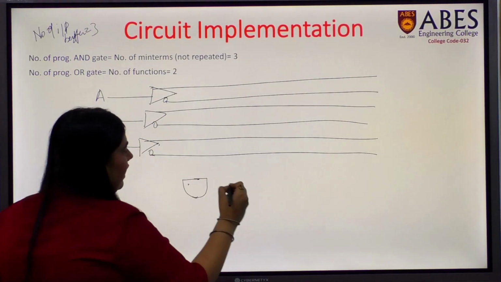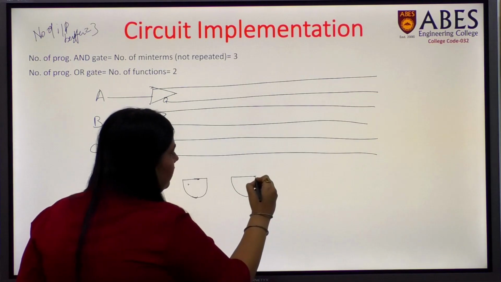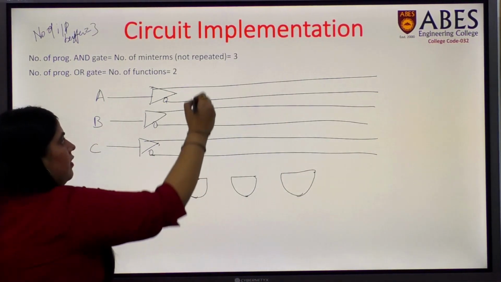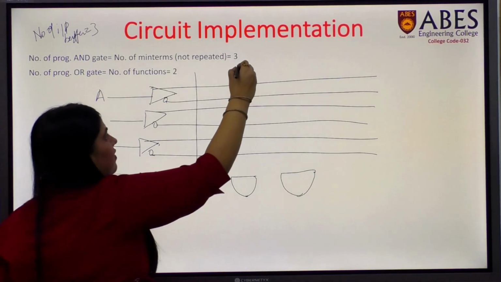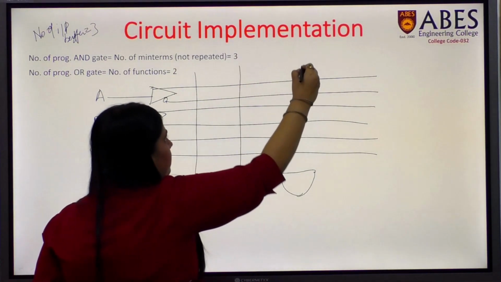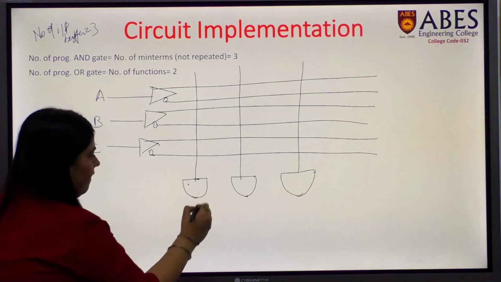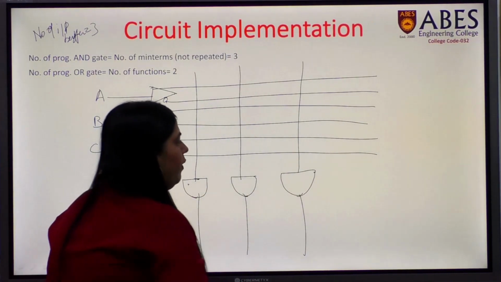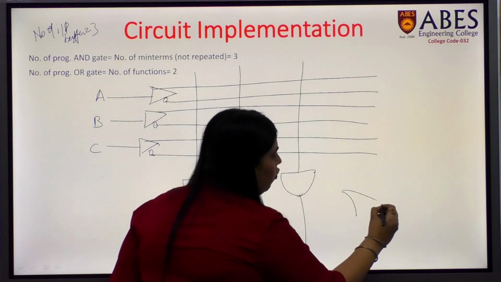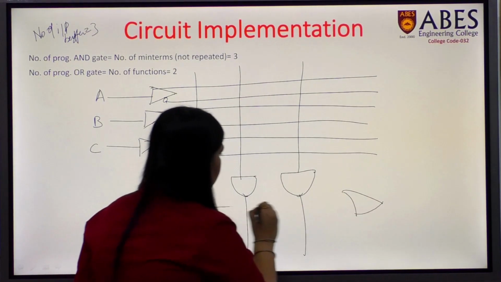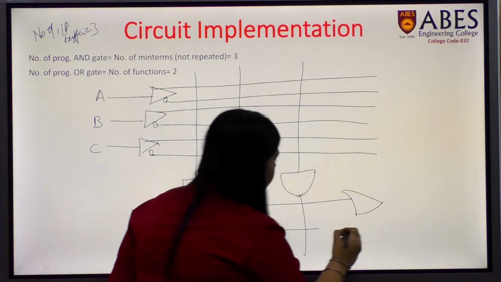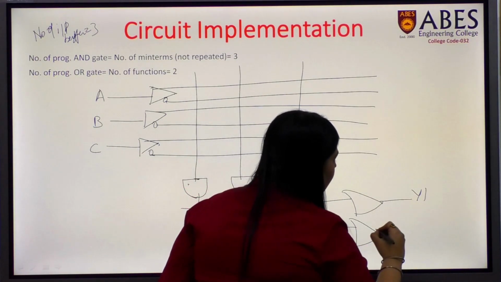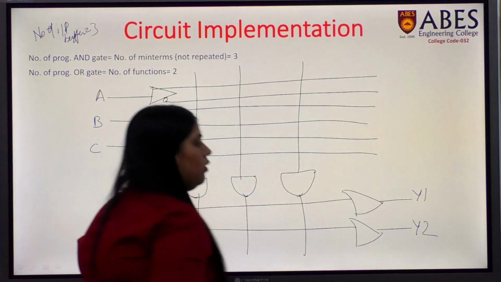We require 3 AND gates for 3 distinct minterms. 3 AND gates. This single line denotes each minterm. How many OR gates? 2 OR gates, one for Y1 and another for Y2.